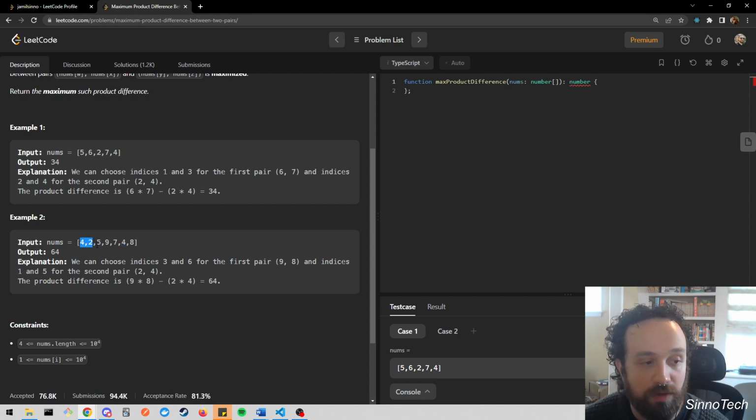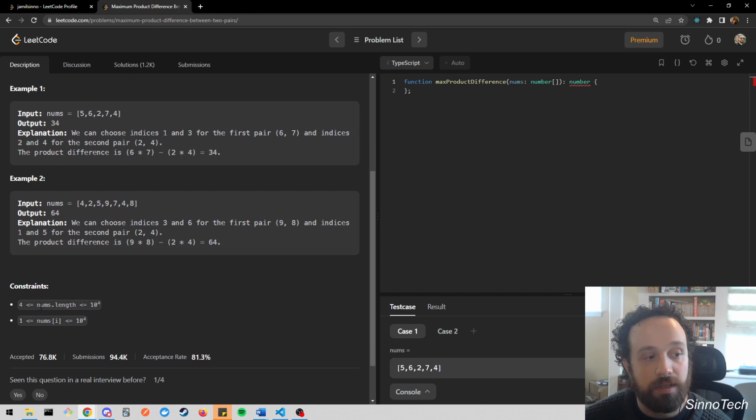You could have done 0 and 1. There are 2 4s in the array, and they both end up being the same thing. And the product difference is 9 times 8, which is 72, minus 2 times 4, which is 8, and the difference is 64.